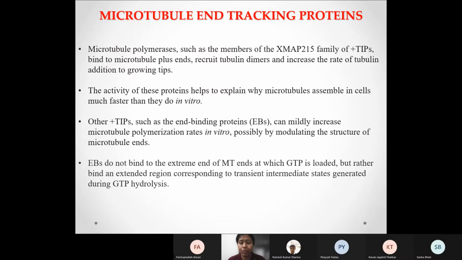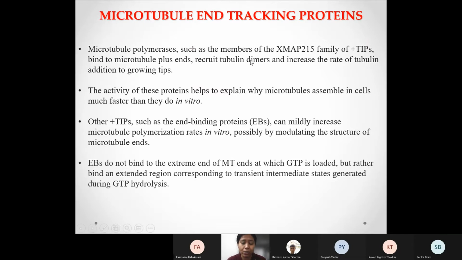Okay, so polymerization proceeds at a certain rate, but inside the cell you would find that microtubule polymerization is actually much faster. The reason is that you have some proteins called microtubule polymerases. As the name suggests, they help in polymerization of the microtubules.